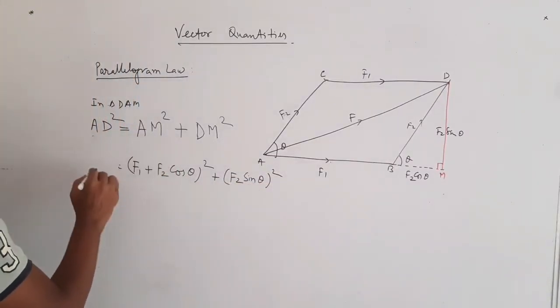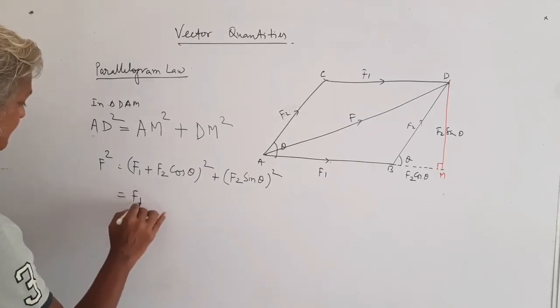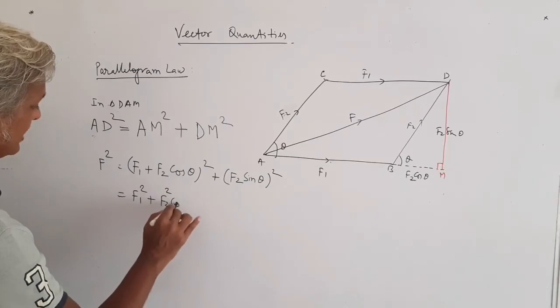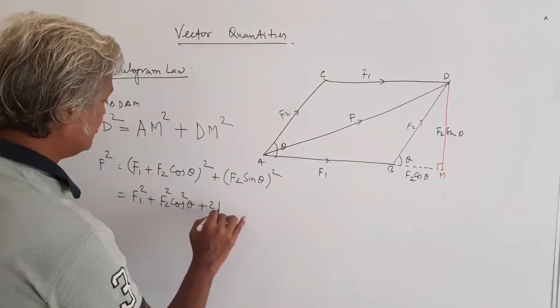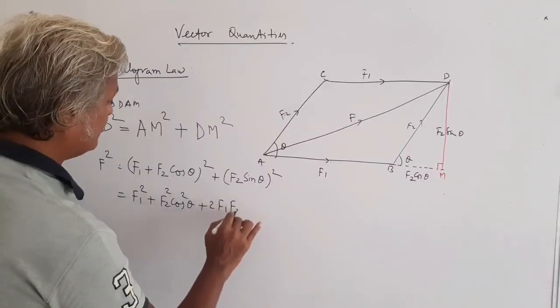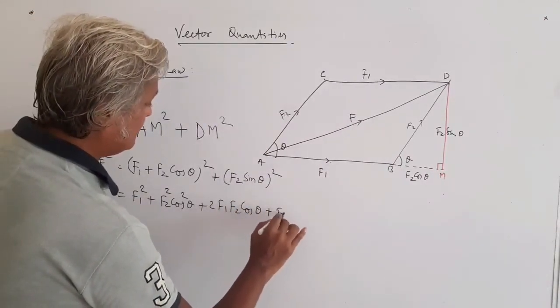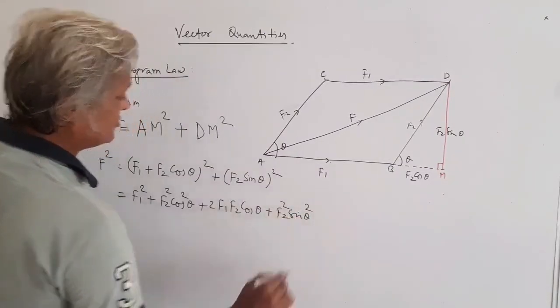And this AD I am writing as F square. So now this is F1 square plus F2 square cos square theta plus 2 F1 F2 cos theta plus F2 square sin square theta.